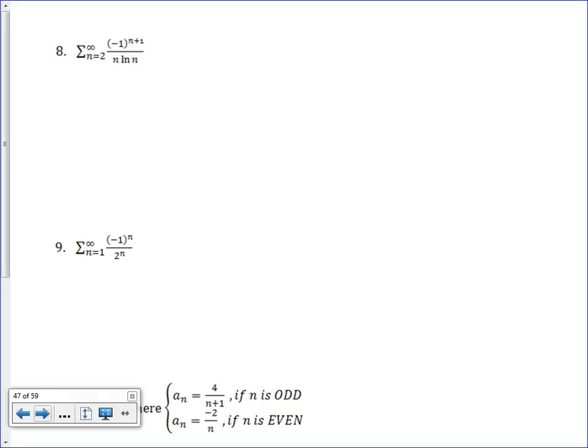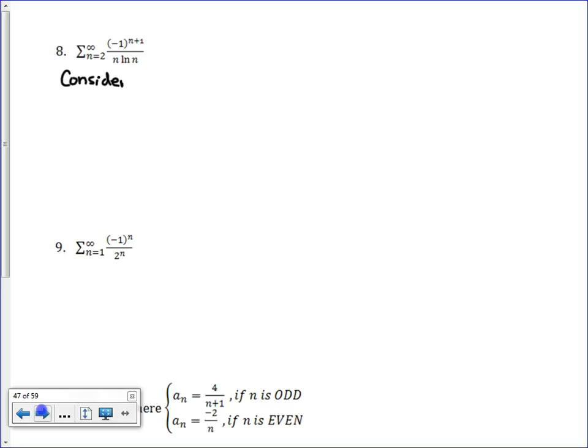Could I compare? 1 over n diverges, and 1 over n is greater than, after n equals 1. Oh no, greater than diverging doesn't help. I could do limit maybe. 1 over n diverges, and then the limit would be 0. Oh no, I need converging. I was thinking integral test.